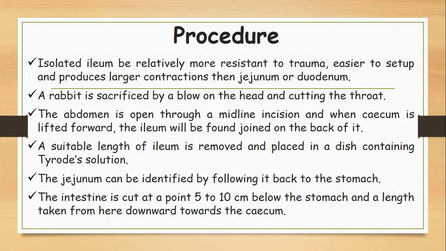A suitable length of ileum is removed and placed in a dish containing thyroid solution. The jejunum can be identified by following it back to the stomach. The intestine is cut at a point 5 to 10 cm below the stomach and a length taken from here downward towards the cecum.